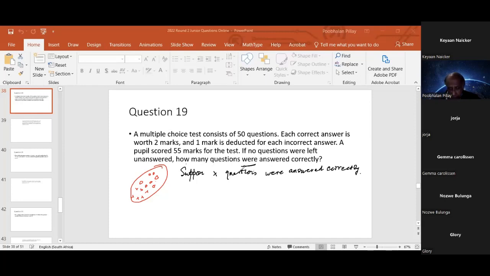If I know X, that is the answer. So in other words, you are splitting this into 2 parts. X of them were correct. And so how many were incorrect? He answered every one of them. There were 50 questions, so you would have had 50 minus X incorrect.